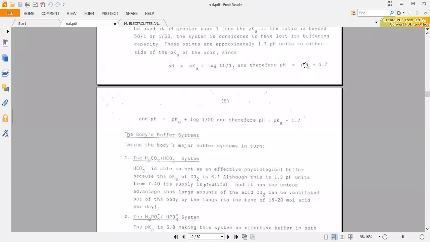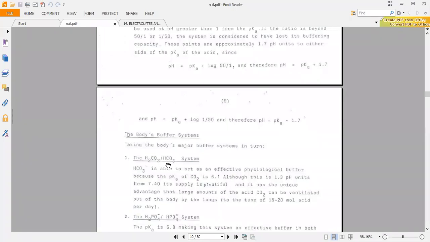For the human system, if I'm able to get a certain acid whose pKa is equal to 7.4, then that substance can serve as a buffer. But it's difficult to get such substances, so we give it a range. If I can get any substance such that when I add 1.7 to it, I get 7.4, that substance can fit. Or when I subtract 1.7 from it, I can still get the pH of the system. That substance too can still work perfectly as the buffer.